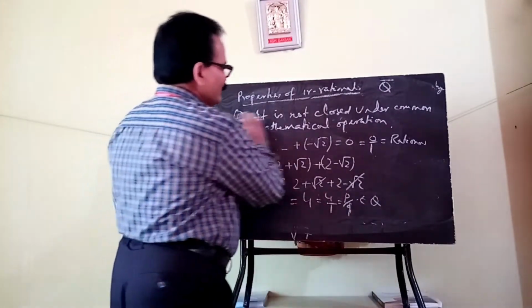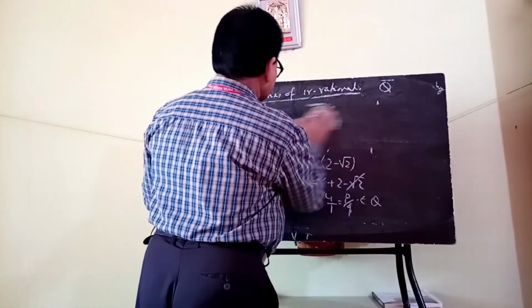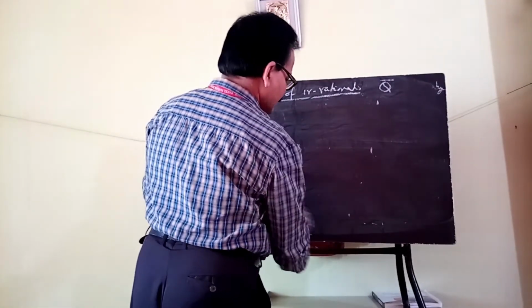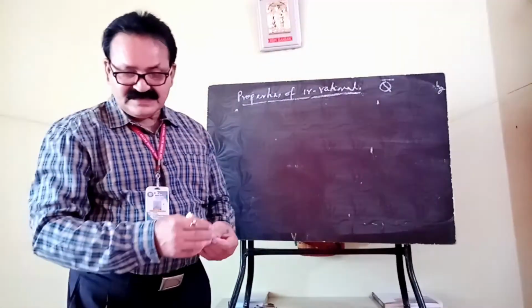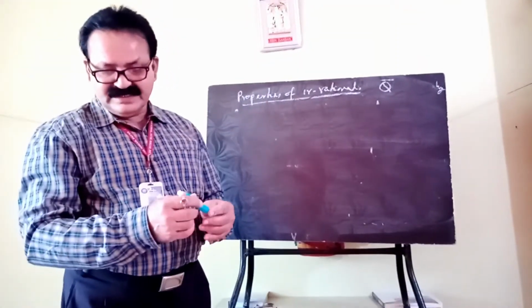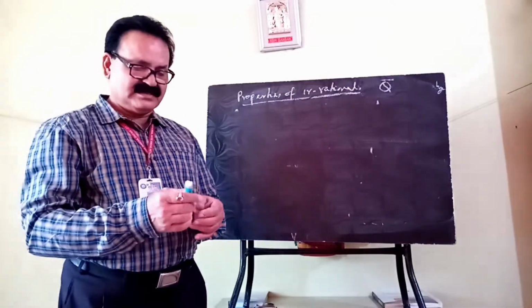Now the next property: rational numbers are commutative under addition and multiplication.